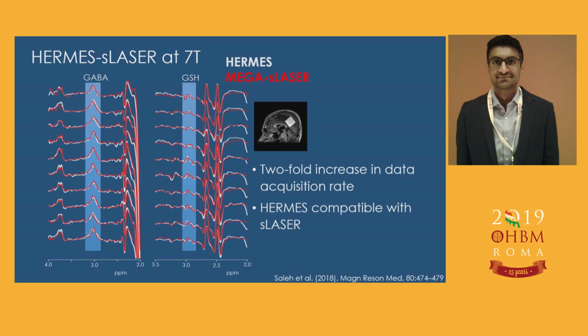And now HERMES allows a 2-fold increase in data acquisition rate at 7 Tesla. Another important point to note here is that at 3 Tesla, we perform HERMES using PRESS localization. Over here, we used semi-LASER localization. The next step would be to have semi-LASER at 3 Tesla, so then you can gain the same benefits that we get at 7 Tesla.